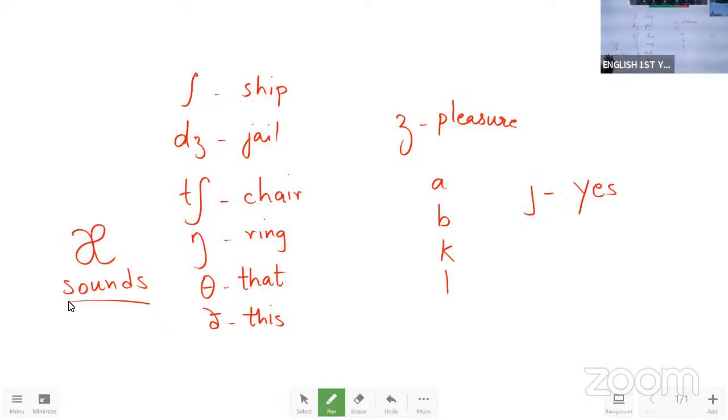I just gave you a brief that there are 12 pure vowels, meaning one vowel sound. Like, take for example, the short and the long ones, and the diphthongs are 2 in number.